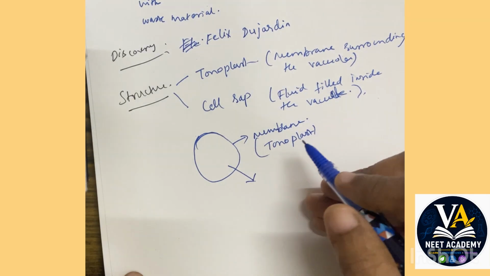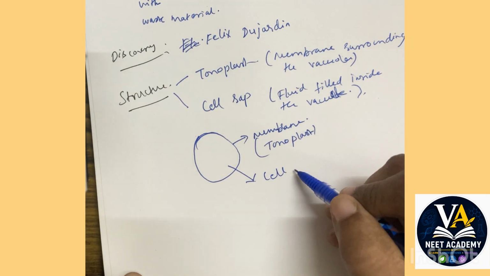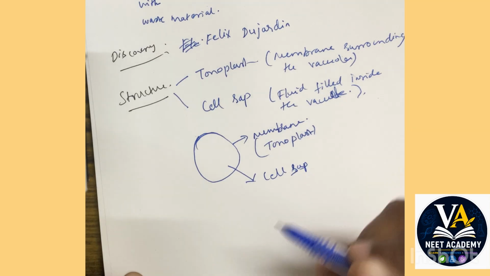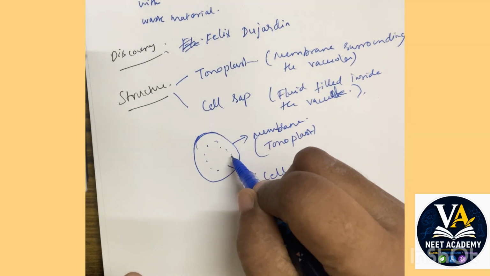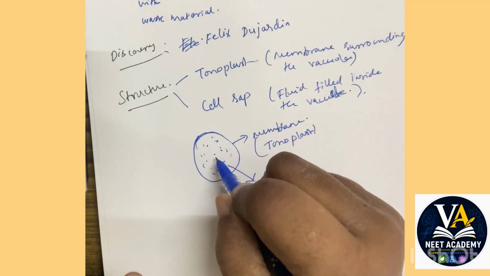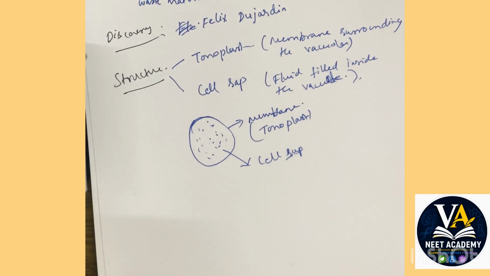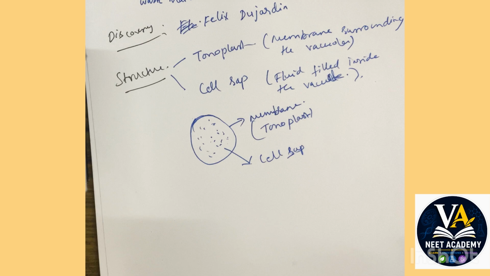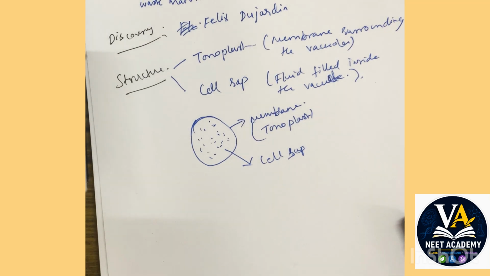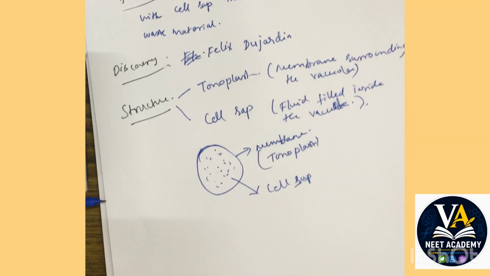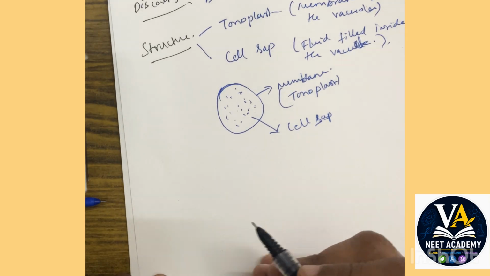Inside the vacuole you call it cell sap, which is nothing but a fluid filled material. Clear, students? Now let's talk about the vacuoles present in plants and animals.